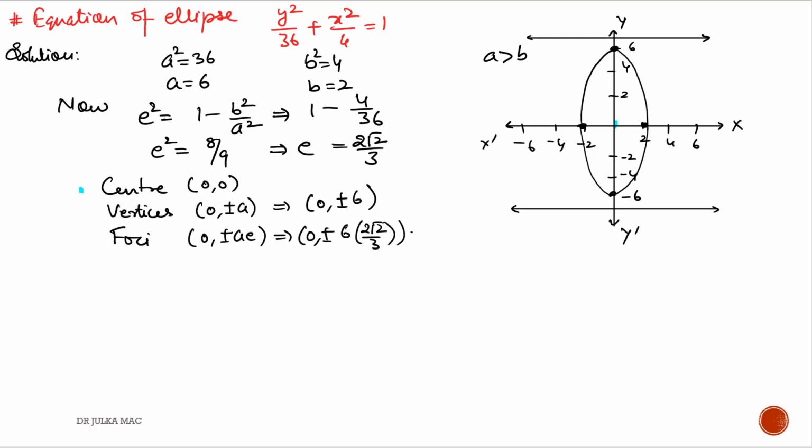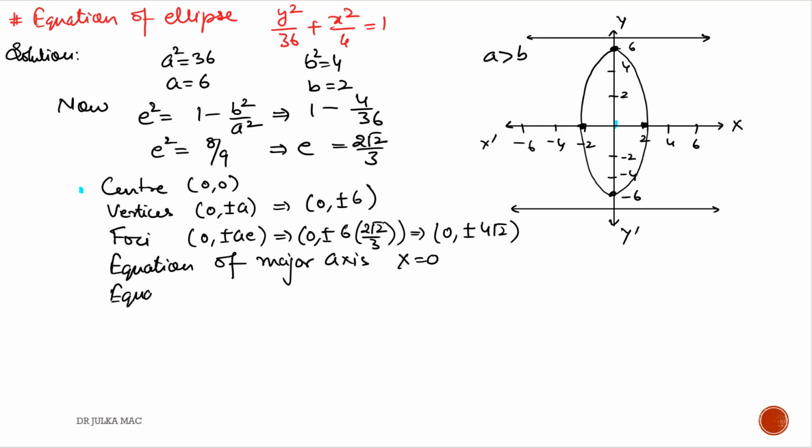By putting the value of a and e, we'll get the answer 0 comma plus minus 4 root 2. Equation of major axis is x equal to 0 because major axis is y axis. Equation of minor axis is y equal to 0 because minor axis is x axis.